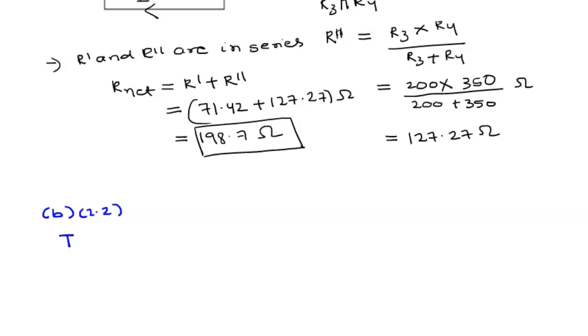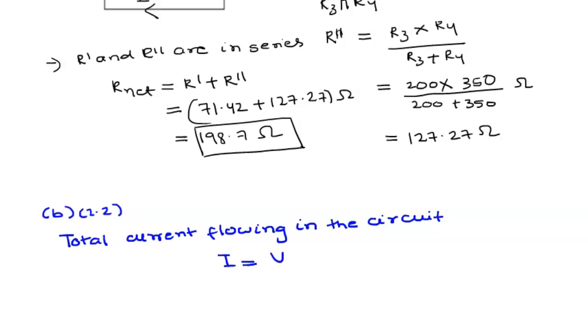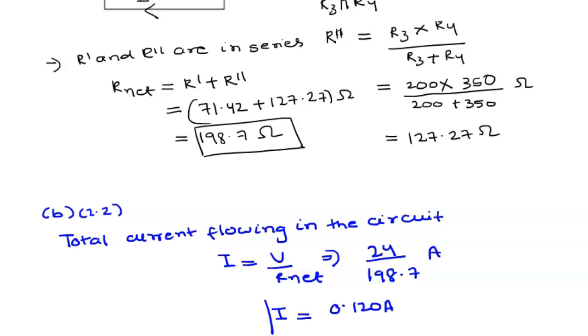The total current flowing in the circuit I is equal to the total applied potential divided by R net. So it's 24 divided by 198.7 ampere. So the total current flowing in the circuit is equal to 0.120 ampere. This is the total amount of current that is flowing in the given circuit.